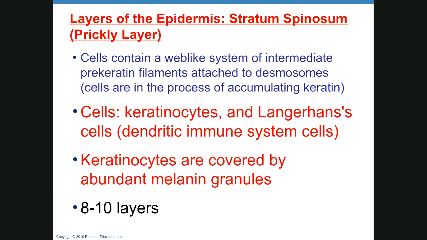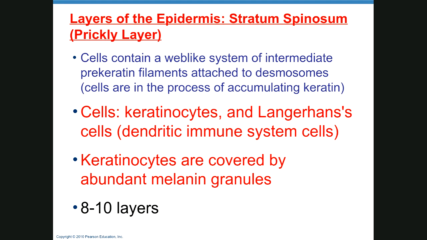And it turns out that the stratum spinosum cells, like all other epithelial cells, are attached to each other. So when they would put the alcohols, the cells would shrink, but they remained attached. And they had this prickly appearance. They look like spines. And that's where the name comes in. So if you think the name is weird, spinosum, well, that's where it comes from.